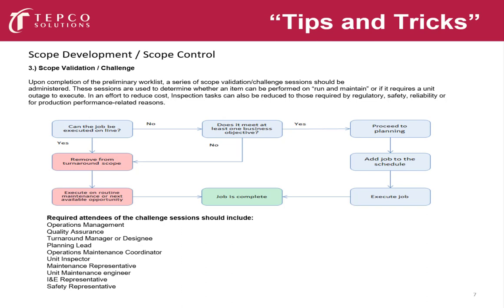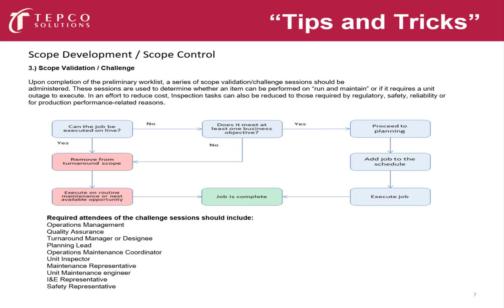Okay, and then we have a flow chart here, determining whether or not it can be done on run and maintain, or does it absolutely require a turnaround to execute. During these scope challenge meetings and sessions, the attendees should include someone from operations management, quality assurance, turnaround manager or their designee, the planning lead, operations maintenance coordinator, unit inspector, maintenance rep, a unit maintenance engineer, I&E rep, a safety rep, and a project rep.